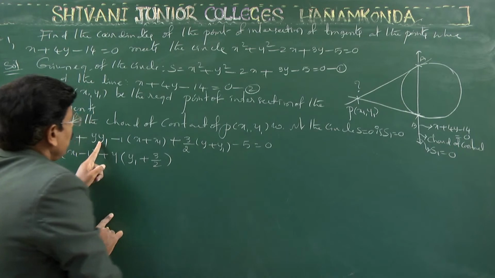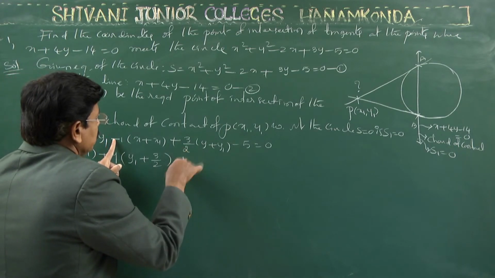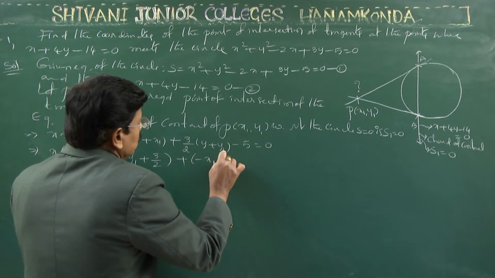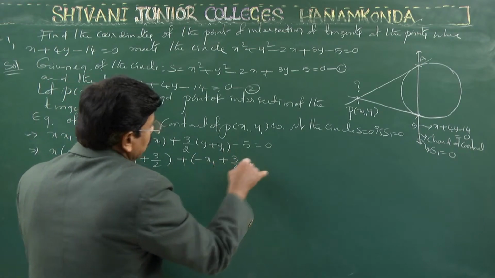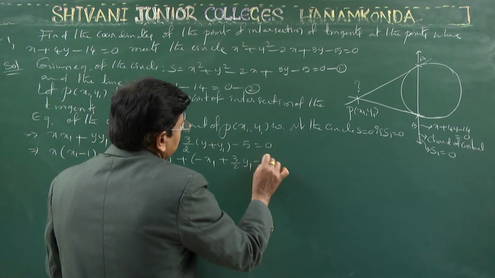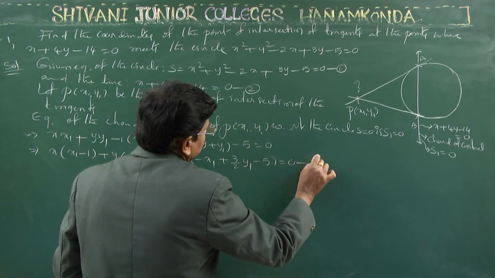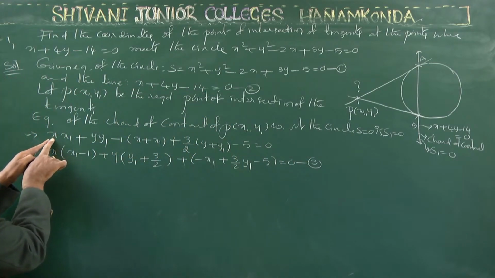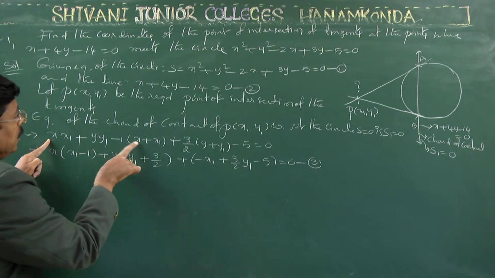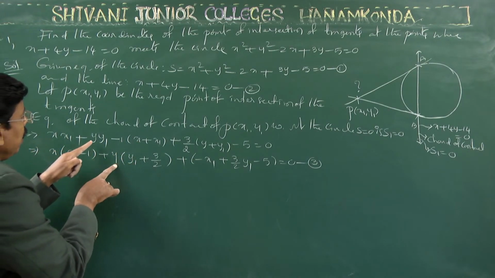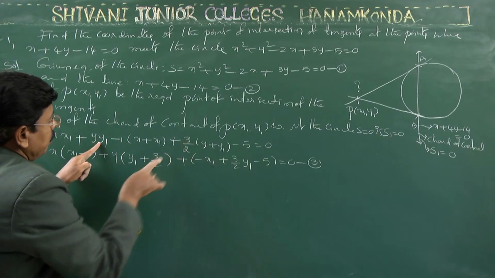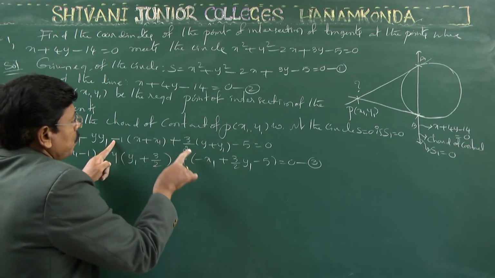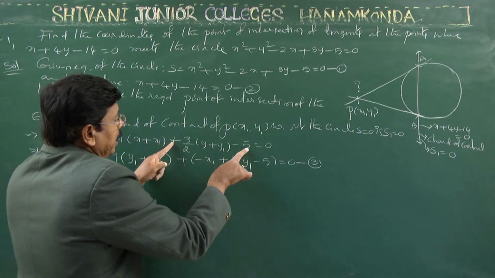The remaining constant terms: minus x1 plus 3 by 2 y1 minus 5 is equal to 0, equation 3. Once again: x of x1 minus 1, y of y1 plus 3 by 2, and the remaining constant is minus x1 plus 3 by 2 y1 minus 5.